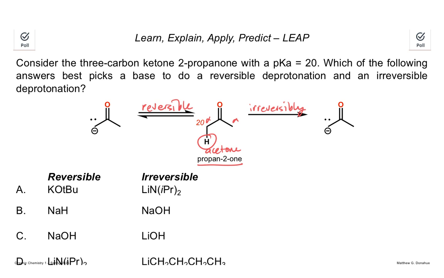And when we look at the second column in the responses, we can see that choices B and C are not strong bases. And then if we want to reversibly deprotonate, that's when we would use a relatively weak base. So of the remaining responses A and D, A would be the most appropriate choice because in choice D, both of those bases are strong.